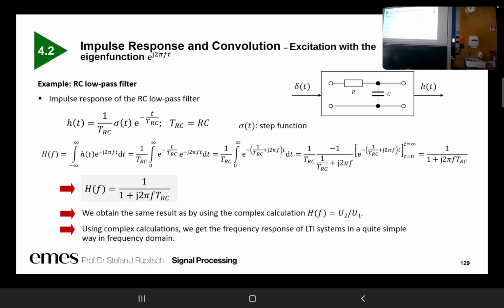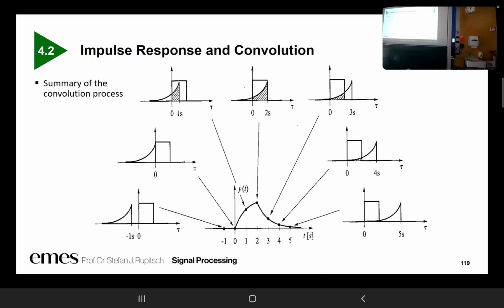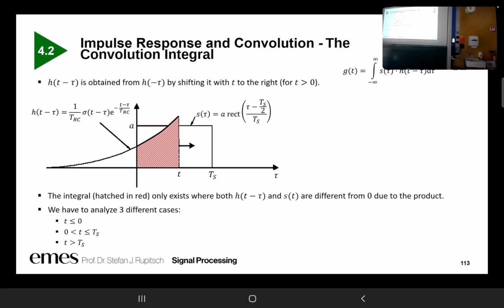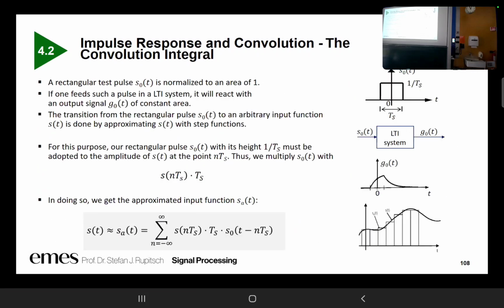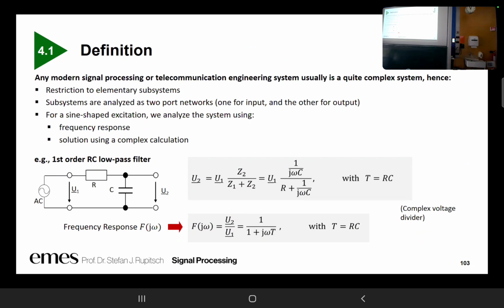And then we obtain this frequency response, and if you compare this with the formula here, they coincide.